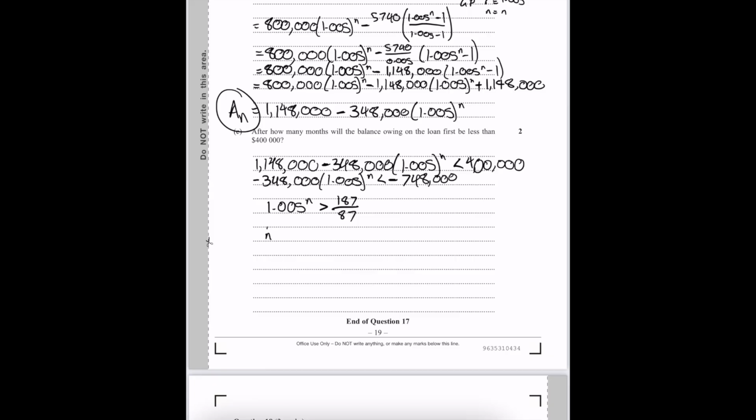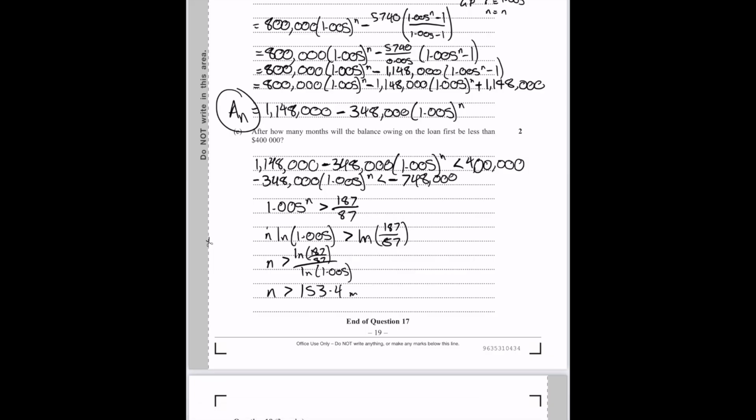We essentially log both sides so that we can get the n in a solvable form. And then we get n is greater than ln 187 on 87, all divided by ln of 1.005, which is, so n is greater than 153.4 months.